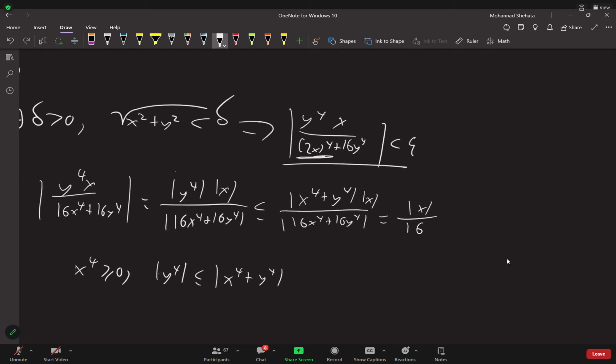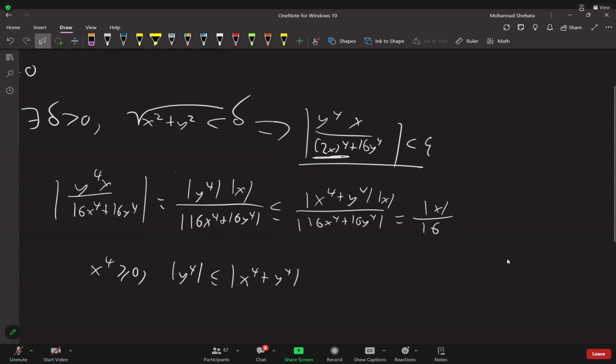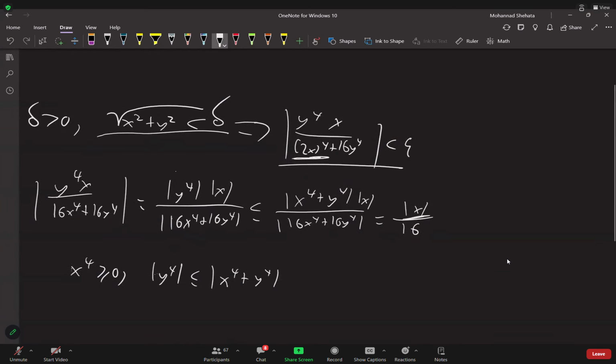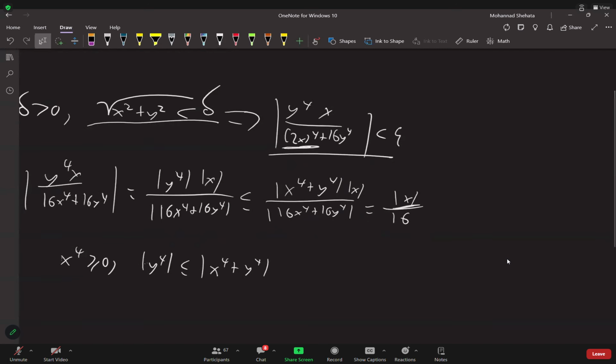root x over 16. Now, how do I turn square root of x into something of this form? The absolute value of x is just the square root of x squared, right?